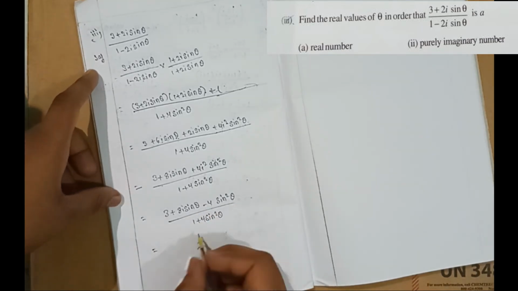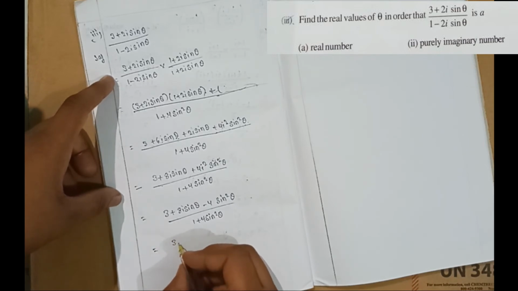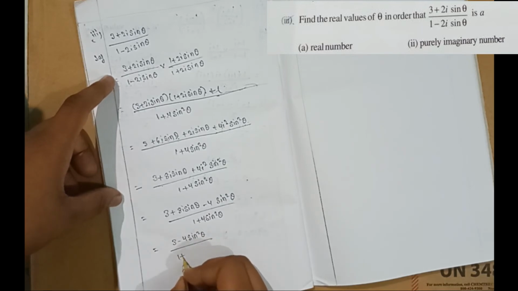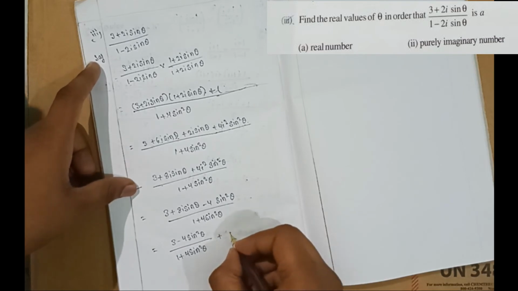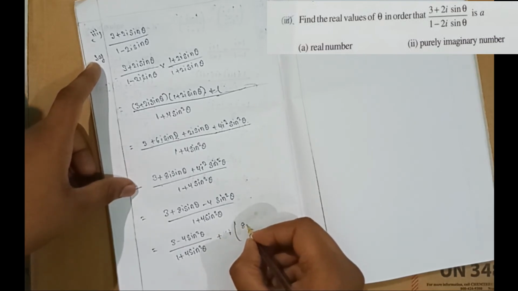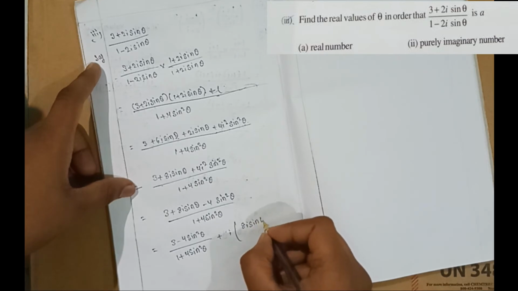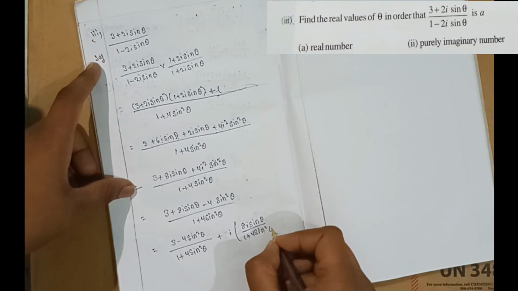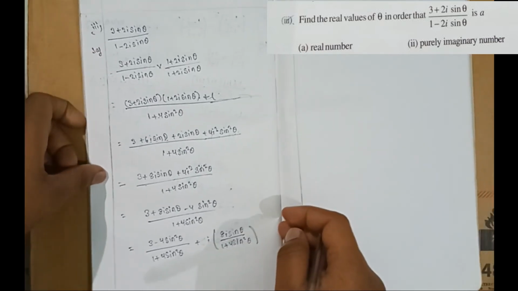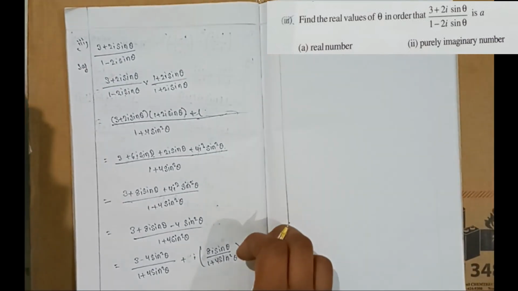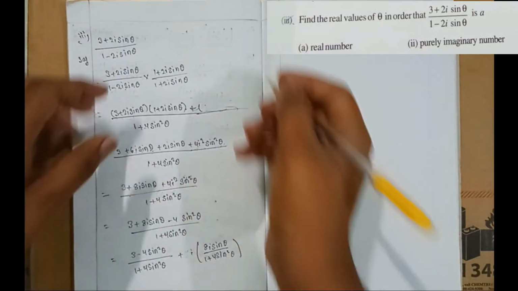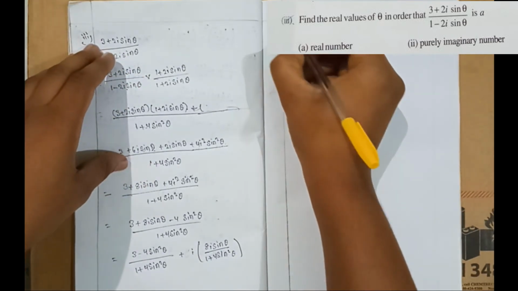So now we will divide it: 3 minus 4 sin square theta by 1 plus 4 sin square theta plus i of 8 sin theta by 1 plus 4 sin square theta. Okay, we have done the basic thing before getting into the problem.